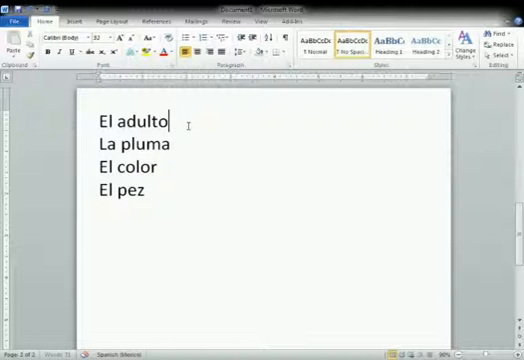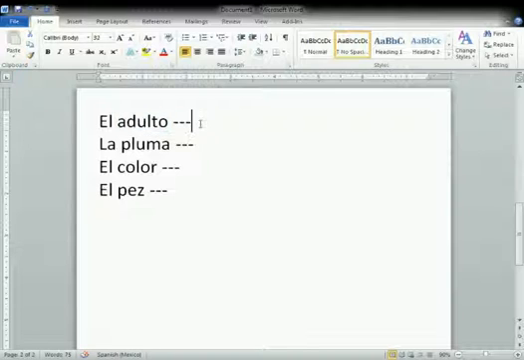El adulto, la pluma, el color, and el pez. Go ahead and convert these words to plural. Remember that you're going to change the word the to plural, and you're also going to make the actual noun that this phrase here is about plural. Let's go ahead and complete that on your own. Pause the video, and I will give the answers.